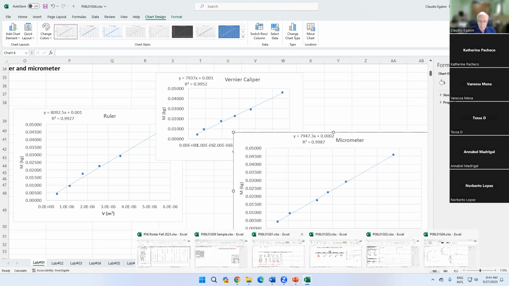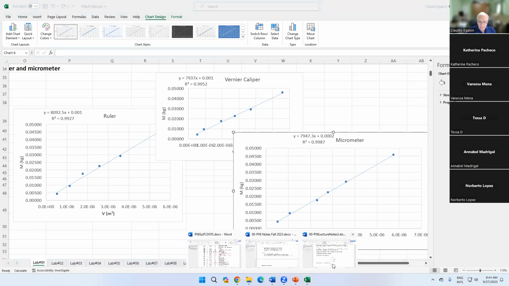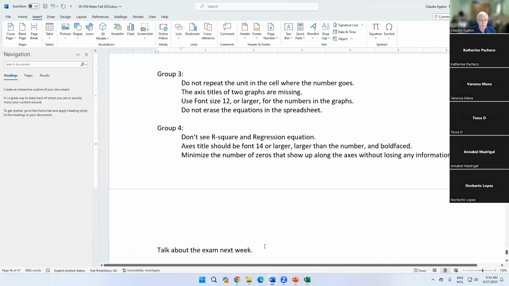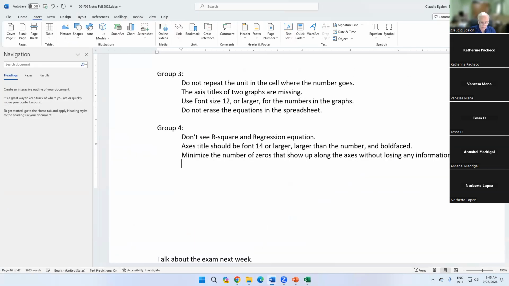Oh, capital M, right? Use lowercase m for meters. Okay, capital M means what?